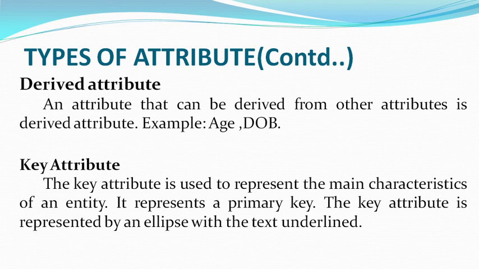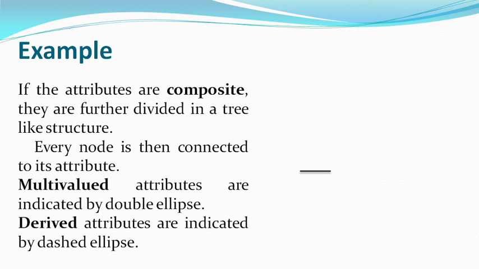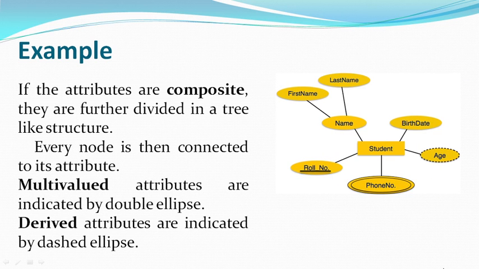For example, the name may be duplicate, but roll number is single for every student in the class, right? Like that. For example, see here: student is the entity, roll number is the key attribute, and student is represented using a rectangle.